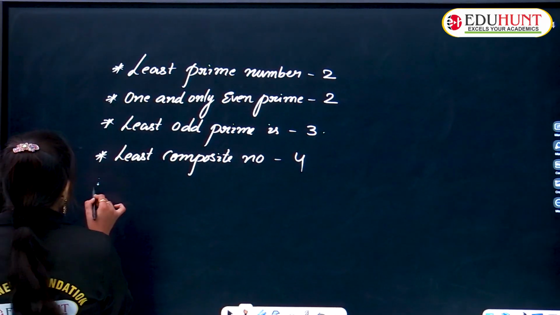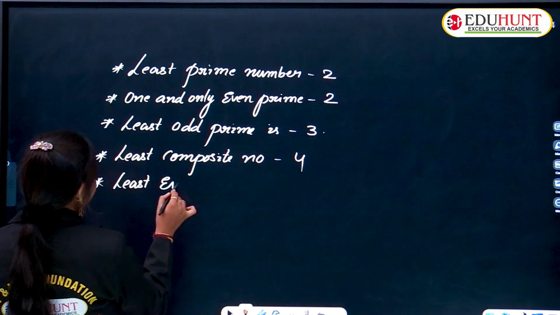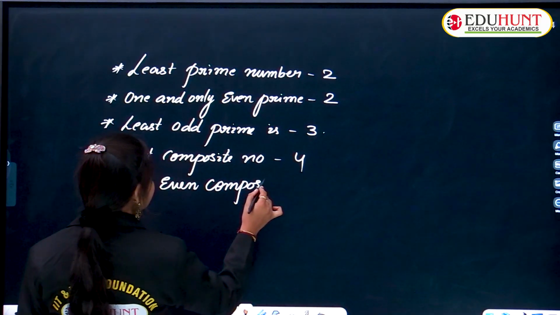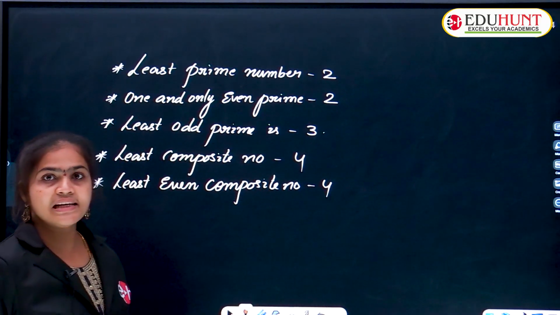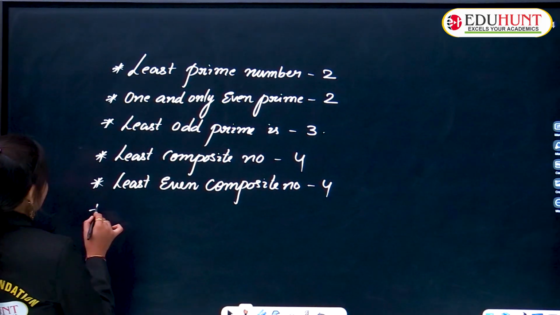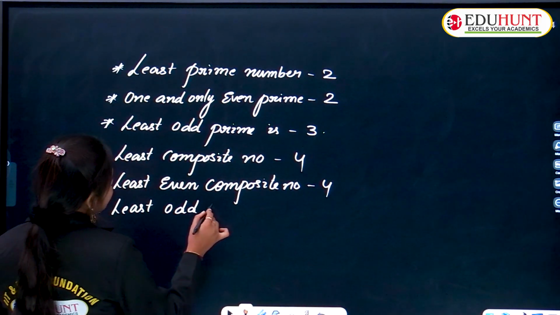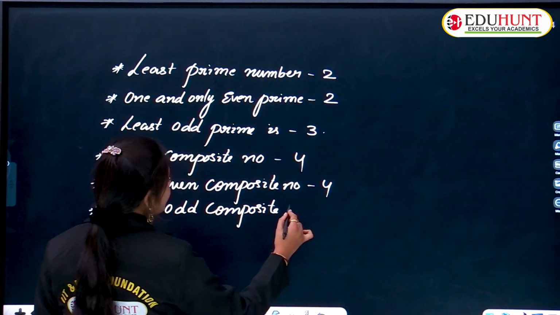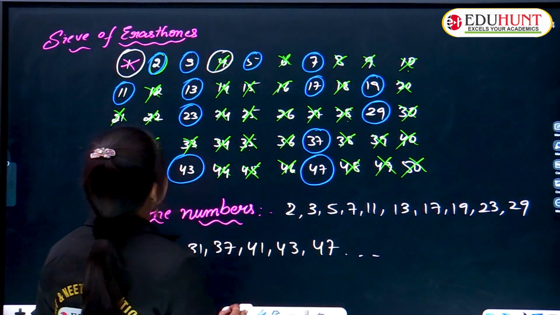And they also ask the least even composite number. What is that? 4. Least odd composite number. Which one is the least odd composite number? 9.